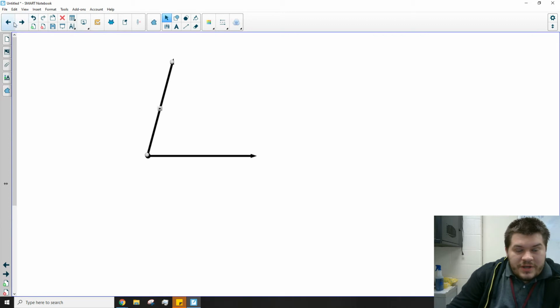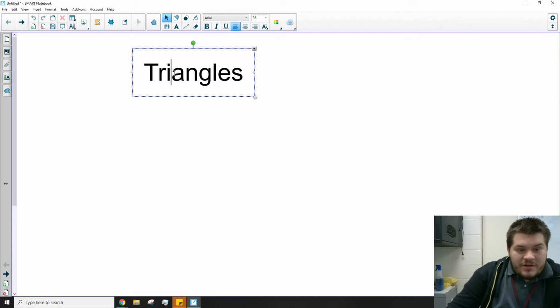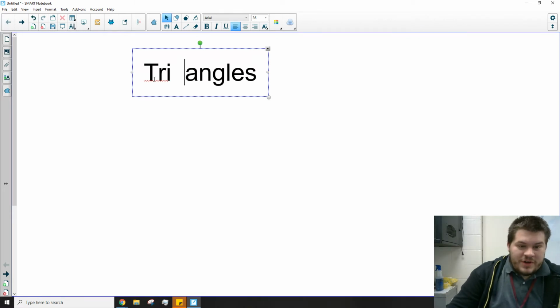When it comes to triangles, when we talk about degrees, we're talking about how many degrees each of these little corners are, each of these angles. Because if you break down the word triangle, you have two parts: tri and angles.